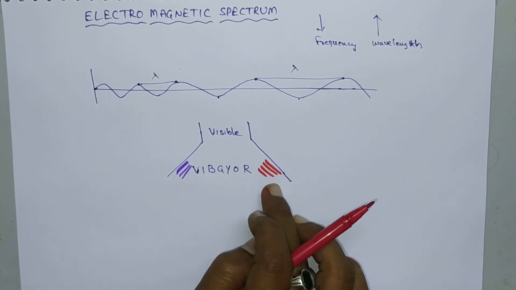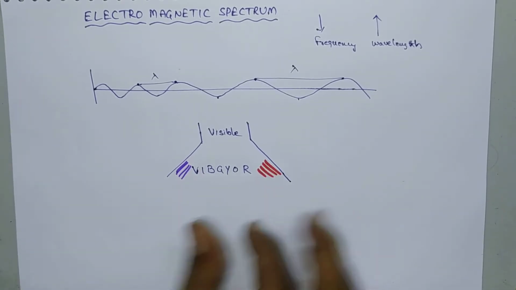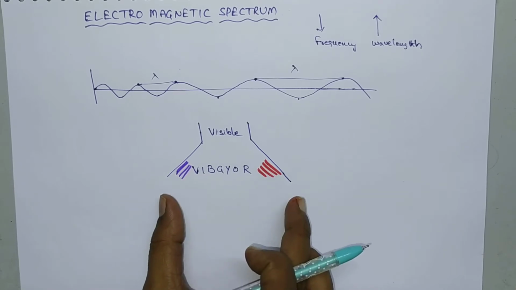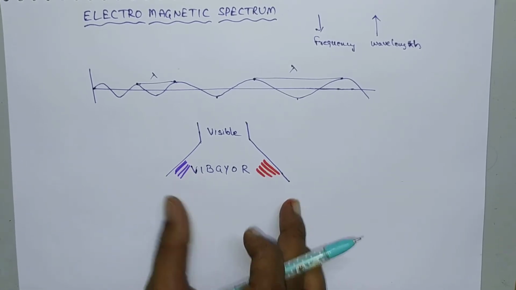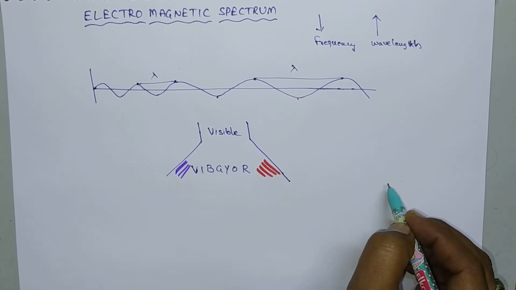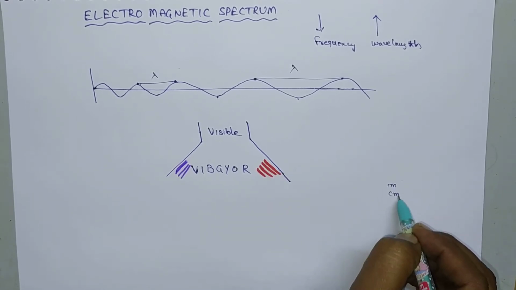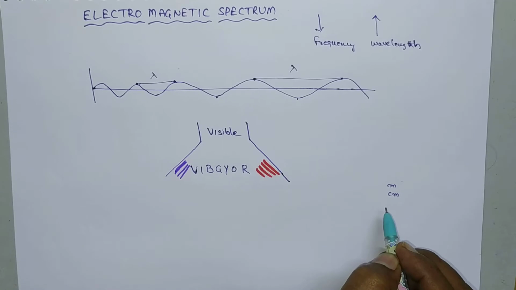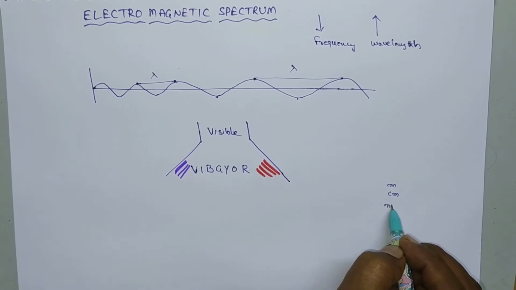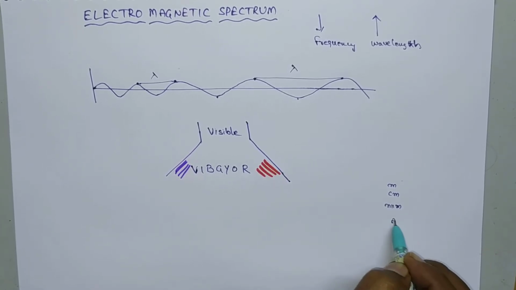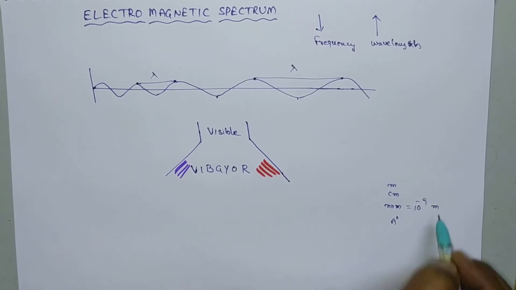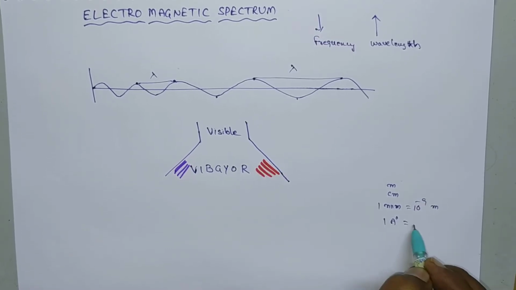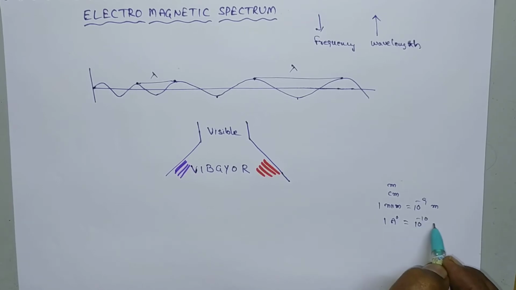That's why the red color is useful for indicating danger signals. Now what is the wavelength range? Wavelength is expressed in meters, centimeters, or, if it is a small distance, in nanometers or angstrom units. 1 nanometer equals 10 power minus 9 meters, and 1 angstrom unit equals 10 power minus 10 meters.